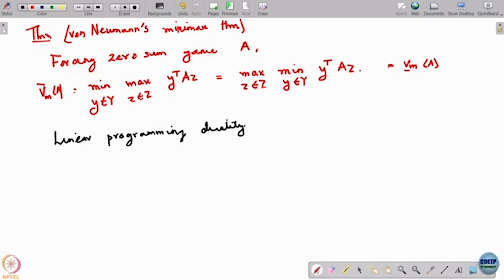In linear programming we talk of two types of problems, a primal problem and another one which is called its dual problem.